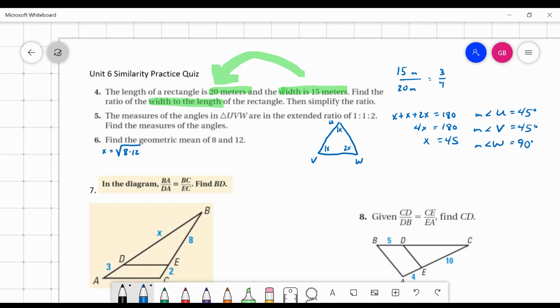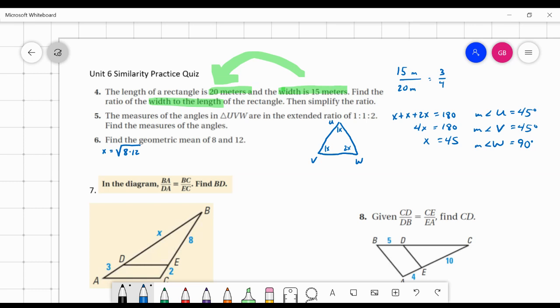If you multiply 8 times 12, you get 96. And 96 doesn't really have a perfect square root.